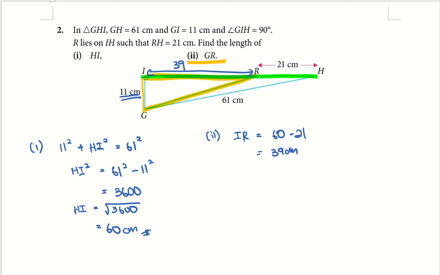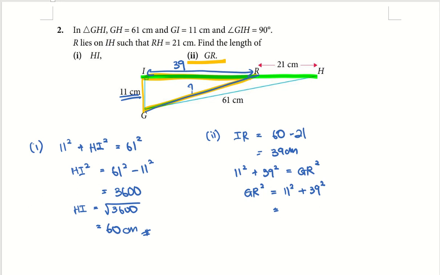We have this one to be 11 cm. We just need to find what is your last unknown, which is GR. So with that, put into your Pythagoras theorem again, you have 11 square plus 39 square to give you your GR square. Not changing the sign, I am just exchanging both sides for me to put my unknown to the left.